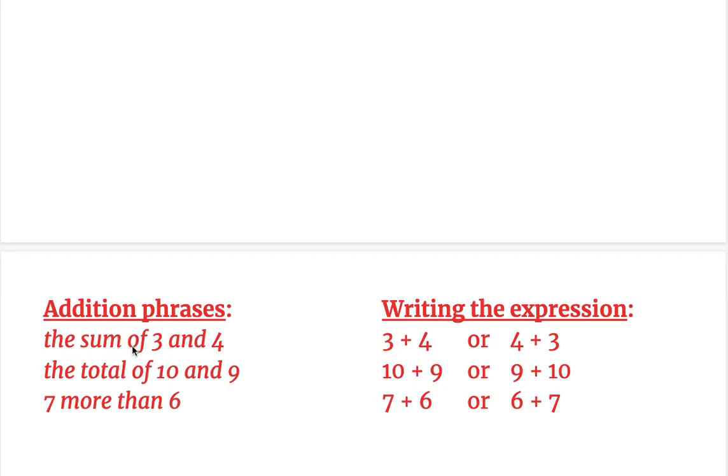But remember, the key word is sum of. Total will also give you an addition. So total of 10 and 9 would be written 10 plus 9 or 9 plus 10 because order doesn't matter. I could also say 7 more than 6, which would translate to 7 plus 6 or 6 plus 7.